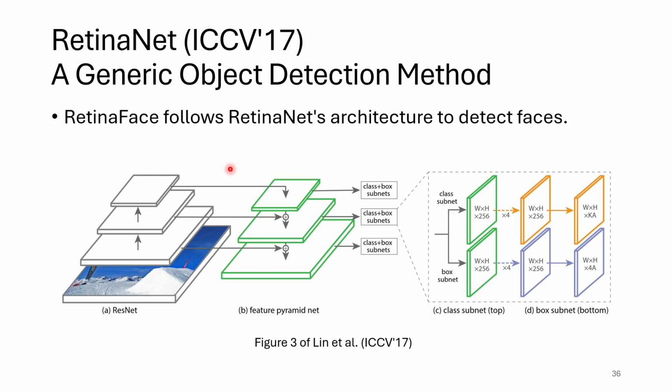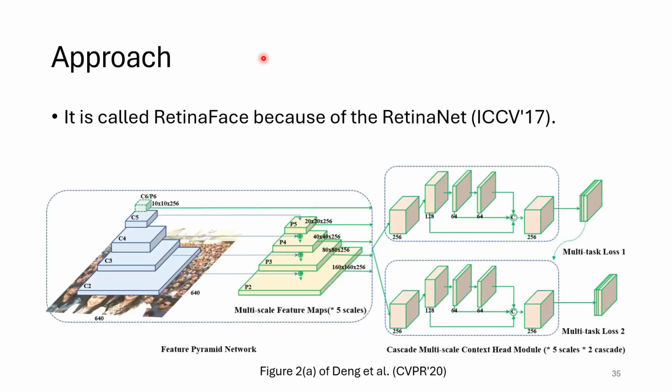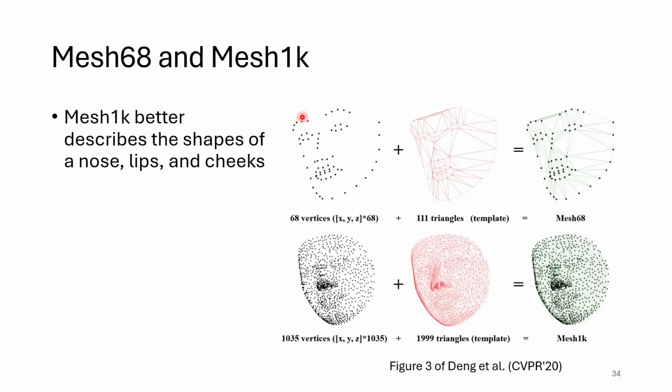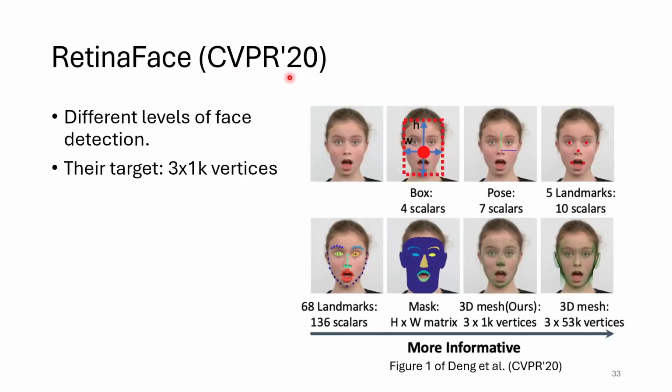If you extend the 20 to 91 classes, then your detector should detect all of the 91 classes, so it's called generic. You can see RetinaNet was published in 2017, and RetinaFace was published 3 years later.